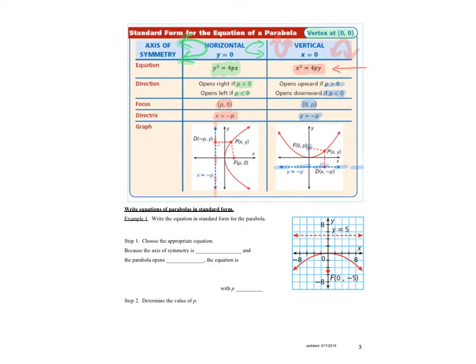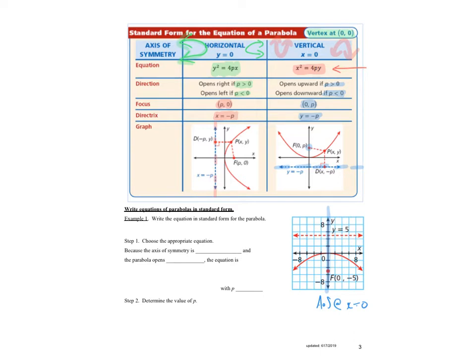Let's see how we can extract some geometric information from the graph of a parabola to write down its equation. So here we have a picture. So what can we extract? Well, we see we have an axis of symmetry at x equals 0.